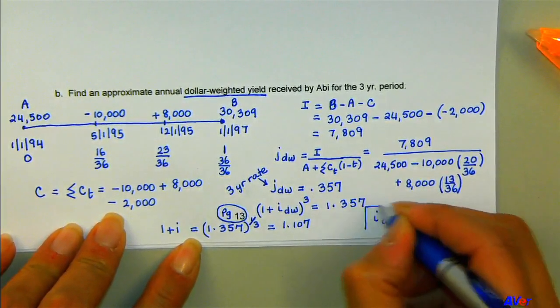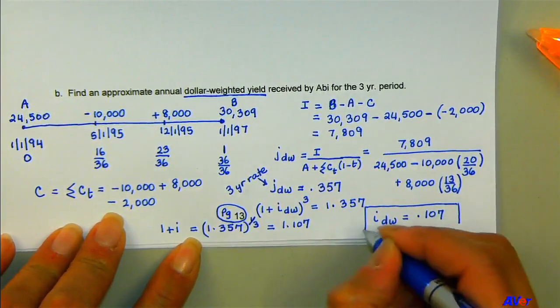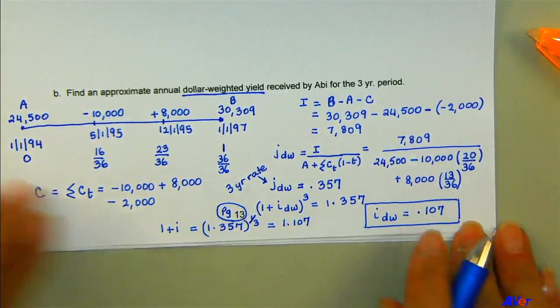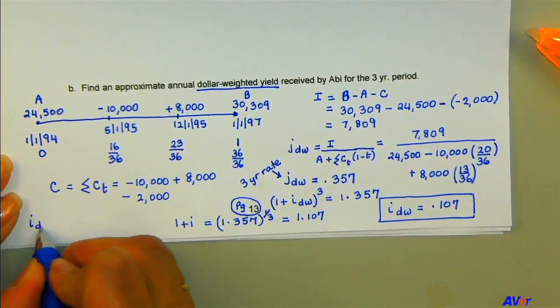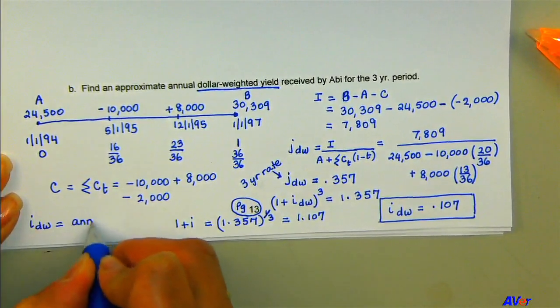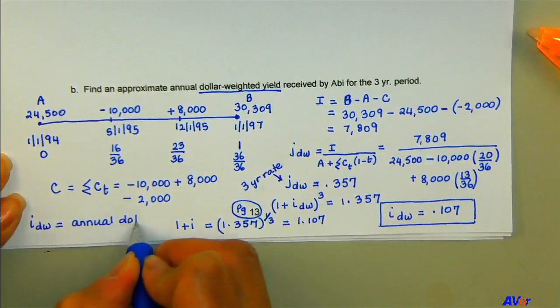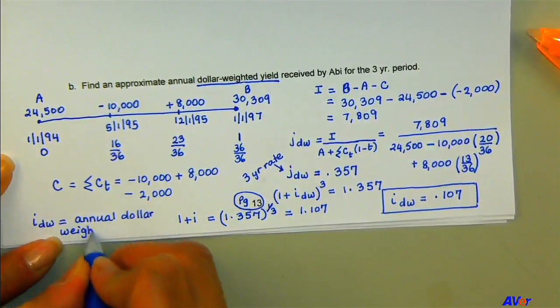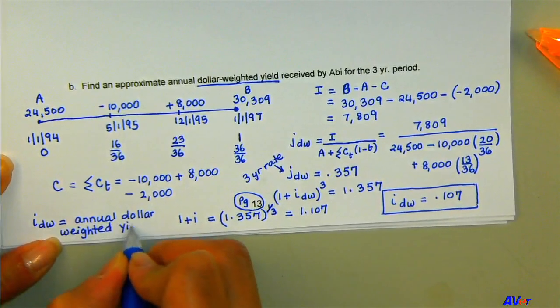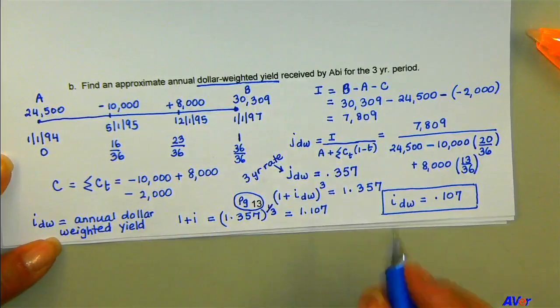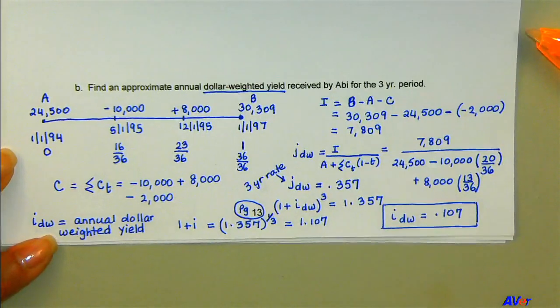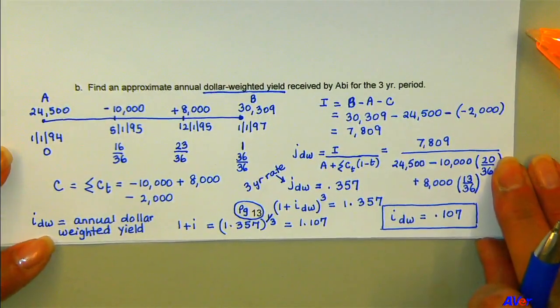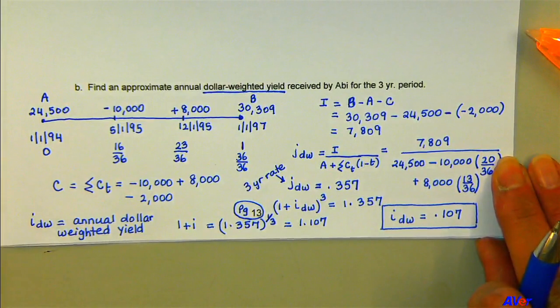That is the annual dollar weighted yield. I is the annual dollar weighted yield rate. Everybody okay? Yes or no?